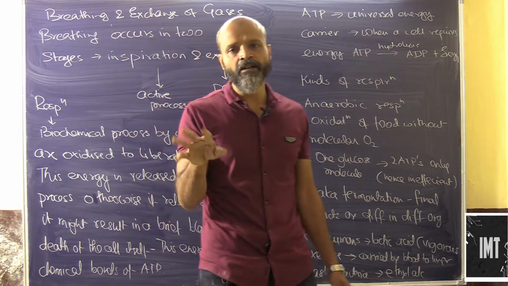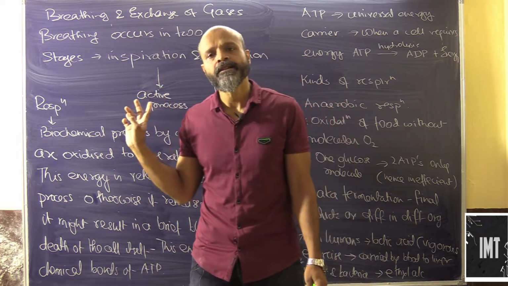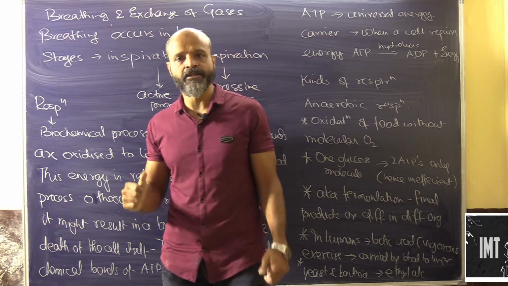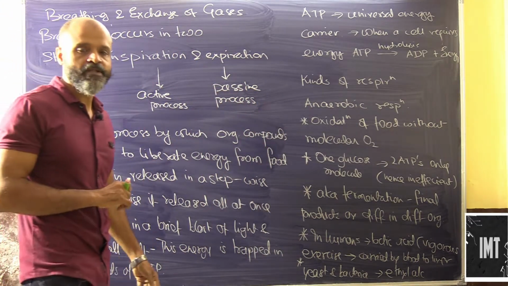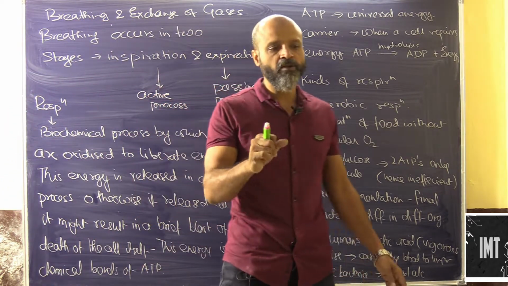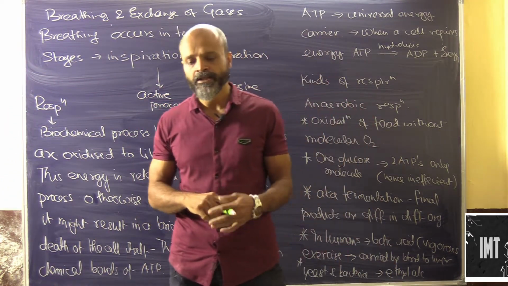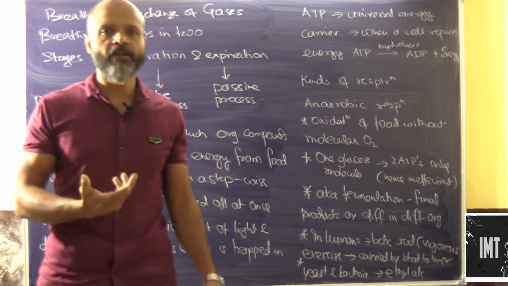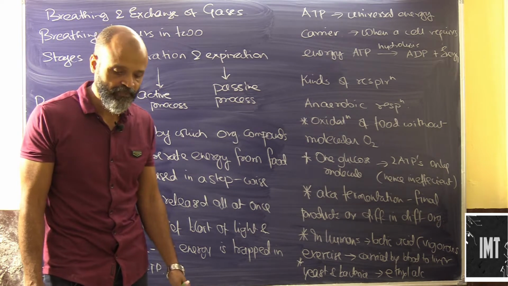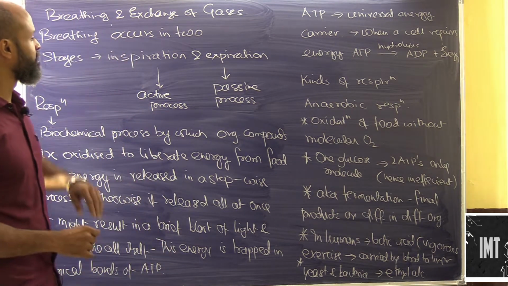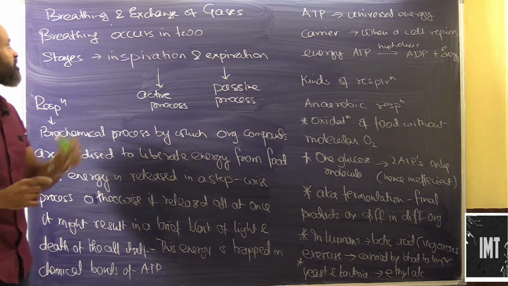So these have been covered in bits and pieces, and these will be dealt with in detail in this chapter. Okay, so we need to pay attention on all the aspects of this chapter, a very important chapter because it is concerned with human physiology, and a very important part because without this survival is next to impossible. Okay, so we'll start with this chapter, breathing and exchange of gases.